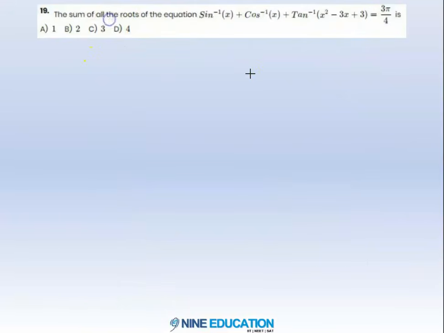Correct option is B. Question number 19: the sum of all the roots of the equation is equal to. So sine inverse x plus cos inverse x, whenever x values are from minus 1 to 1, can be written as pi by 2 as per the inverse trigonometry properties. So I can say the tan inverse part, which is x square minus 3x plus 3, can be written as 3 pi by 4 minus pi by 2, which is nothing but pi by 4.